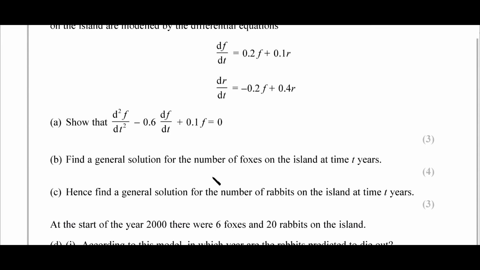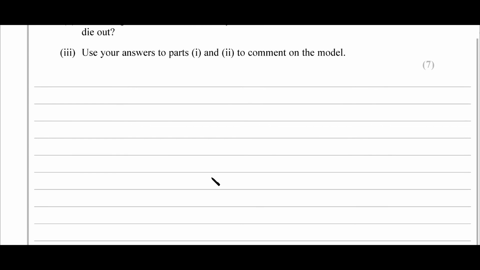Okay, so there are many ways we can do this. I'll try to work through this question as slowly as possible, even though this part of the question isn't hard. So far we're given that dF/dt equals 0.2F plus 0.1R.